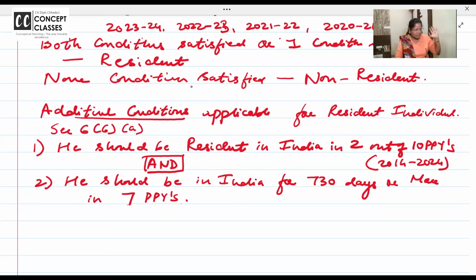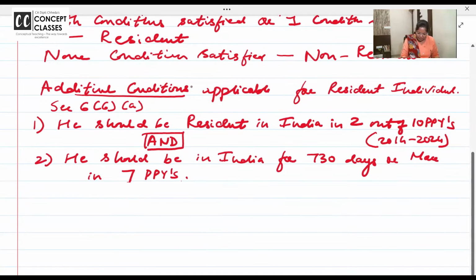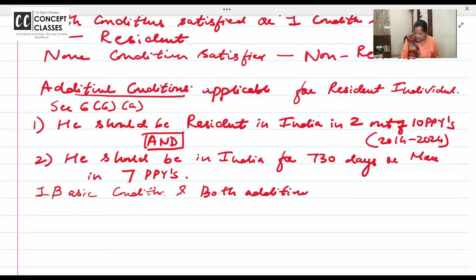If both the additional conditions are satisfied, yeah, both, and one basic condition, then the person is said to be ROR. Ma'am, what's the full form of ROR? Resident and ordinary resident.